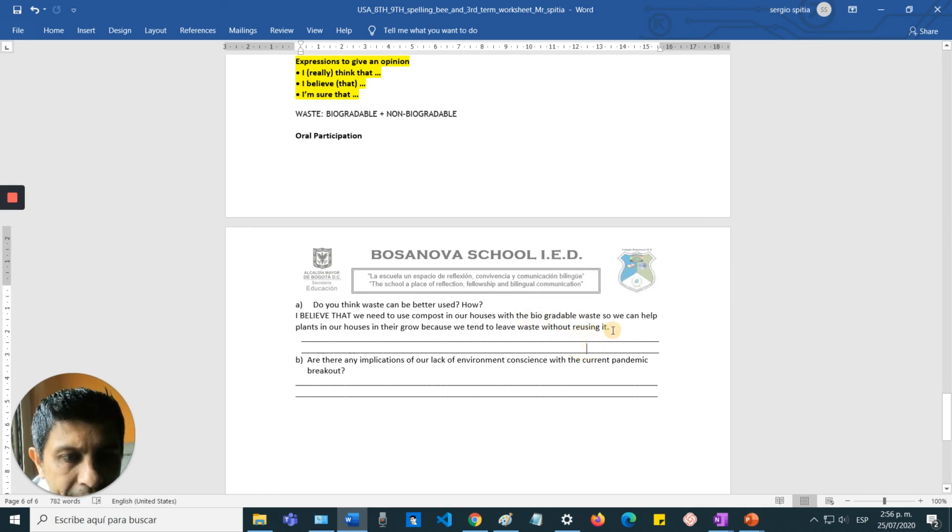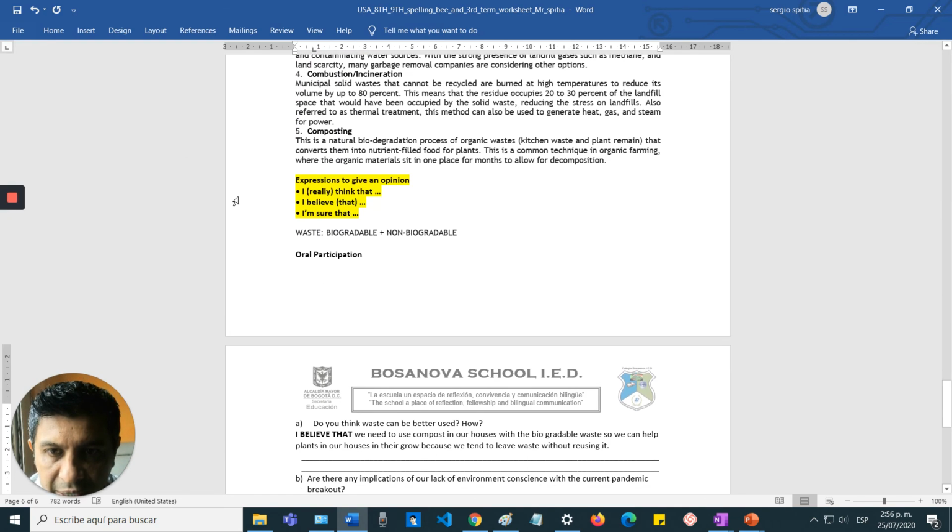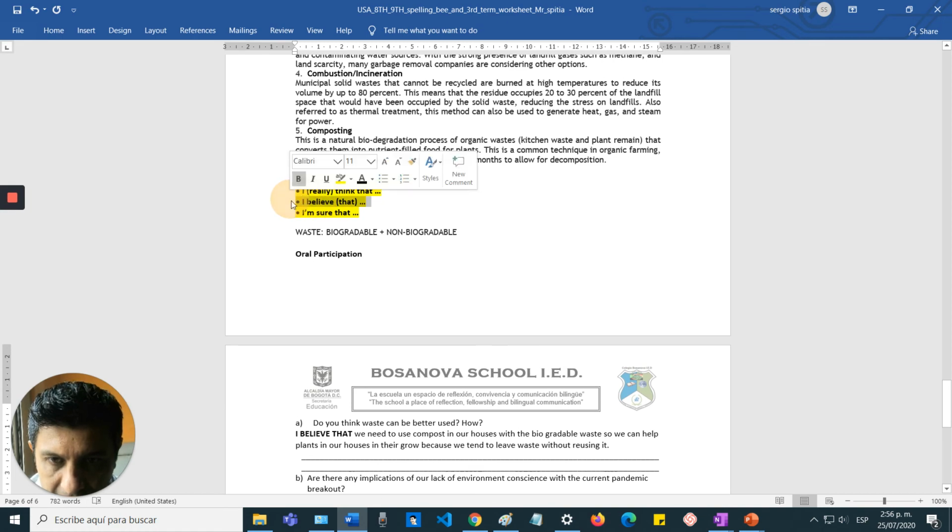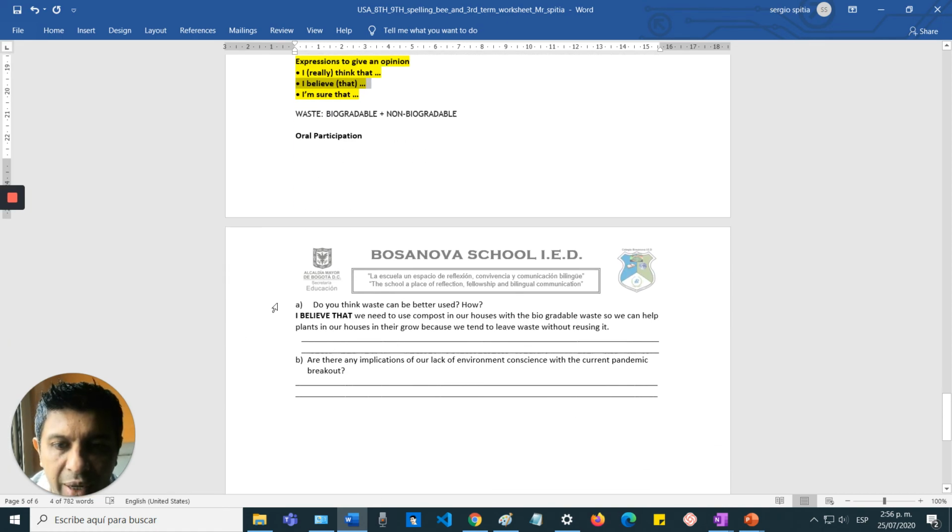No tiene un guión. So look at this part. I believe that, esto lo estoy dejando como un pretexto para que ustedes se fijen en las letras que están en mayúscula. I believe that, so I'm using the introductory statement. Estoy utilizando esta oración previa para dar mi opinión. I believe that we need to use compost in our houses with the biodegradable waste so we can help plants in our houses in their growth because we tend to leave waste without reusing it.